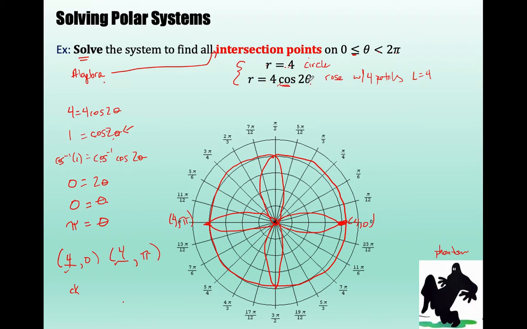Cosine of 2 times 0 is the cosine of 0, which is 1, and 1 times 4 is indeed 4. What happens when I plug in pi to the second equation? 2 times pi is 2 pi. The cosine of 2 pi is 1. 1 times 4 is indeed 4. So I checked, and both of these are points of intersection.